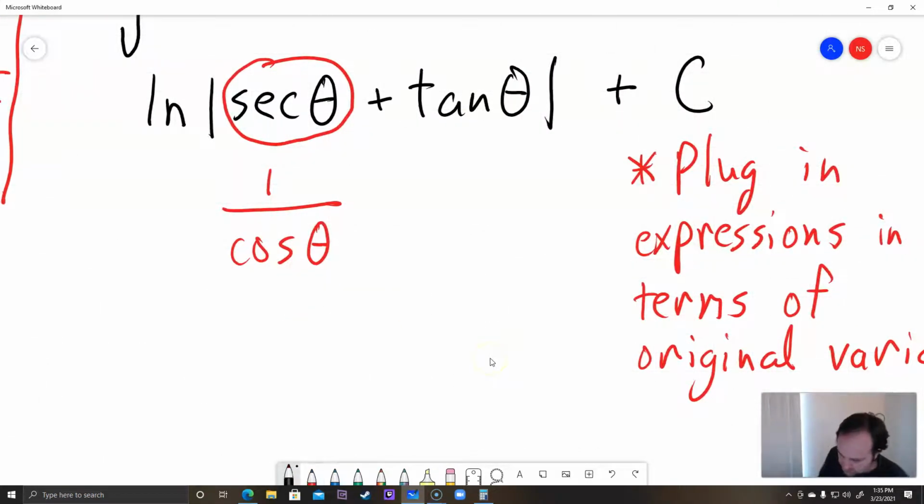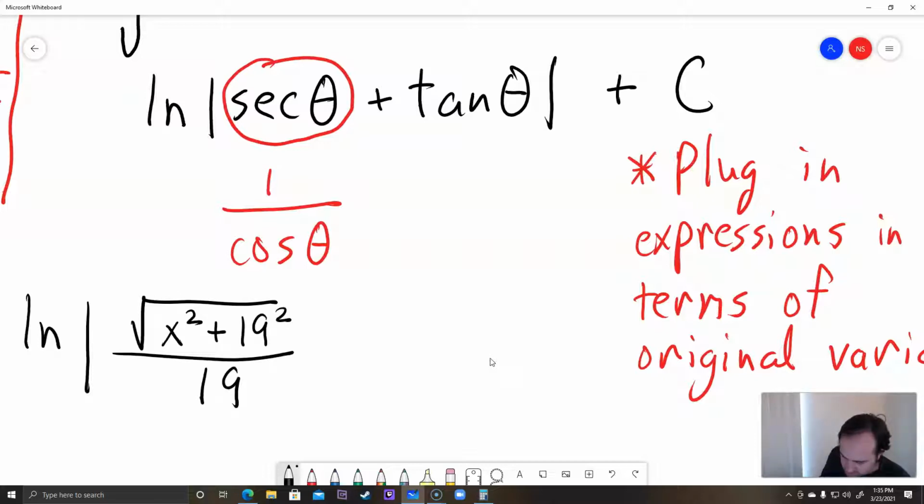So we have ln of absolute value of the square root of x squared plus 19 squared all over 19. So that was the secant of theta. And we probably don't want to leave it as 19 squared, so we're going to go ahead and rewrite it as 361 for the answer. So that took care of secant of theta.